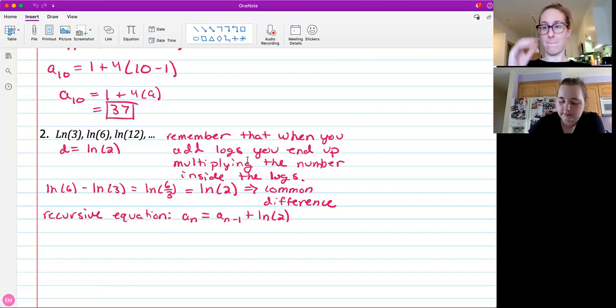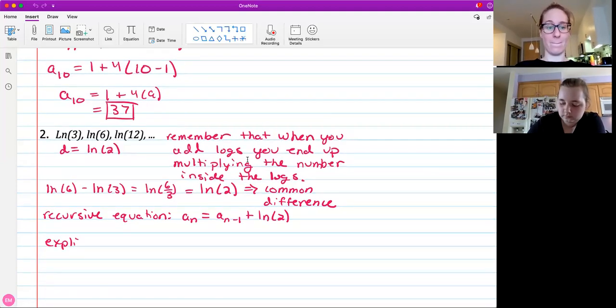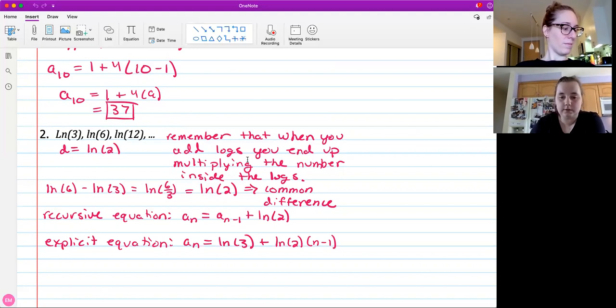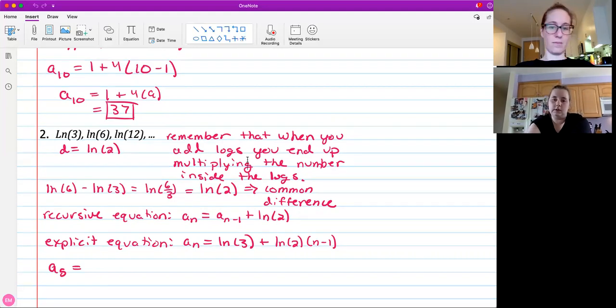And then our explicit equation would be an equals the first term, which is ln of 3, plus the common difference, ln of 2, times n minus 1. And then we're going to find the fifth term of the sequence. So A5 is equal to, and I'm going to use the explicit equation because I feel like it's easier.